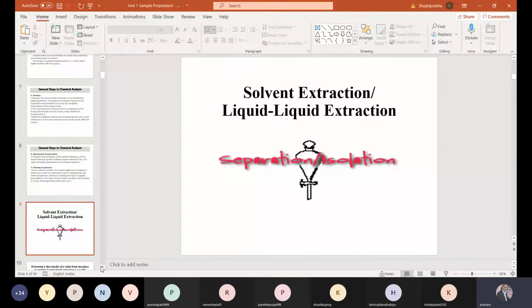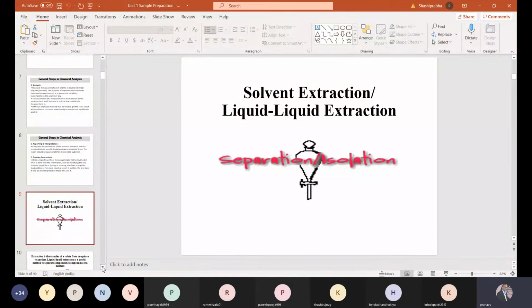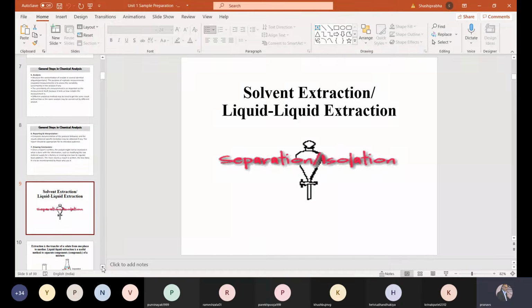We understood that it is basically extracting one analyte from a given sample into another phase which is immiscible with the original phase. And in solvent extraction, one phase is predominantly aqueous and the other phase is predominantly organic.